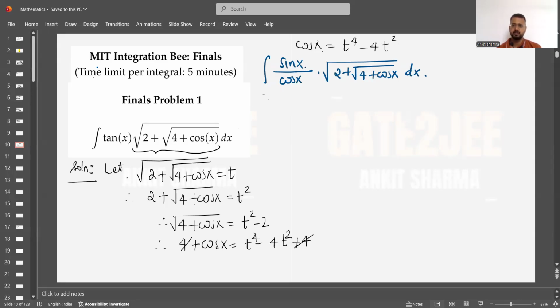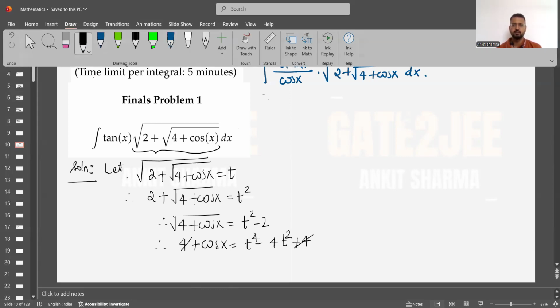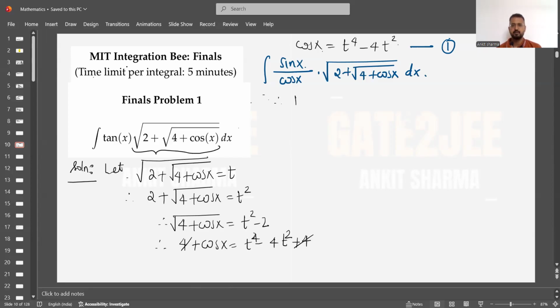So if I differentiate this equation, I get my sin x and dx also. So differentiating, I'll be having minus sin x dx is equal to 4t cubed minus 8t then dt.